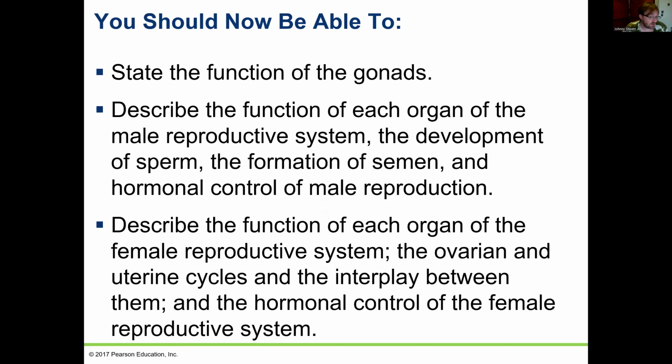Now, at this point, here are our learning goals. You should be able to state the function of the gonads, describe the function of each organ of the male reproductive system, the development of sperm, the formation of semen, and hormonal control of male reproduction. You should be able to describe the function of each organ of the female reproductive system, the ovarian and uterine cycles and the interplay between them, and the hormonal control of the female reproductive system.